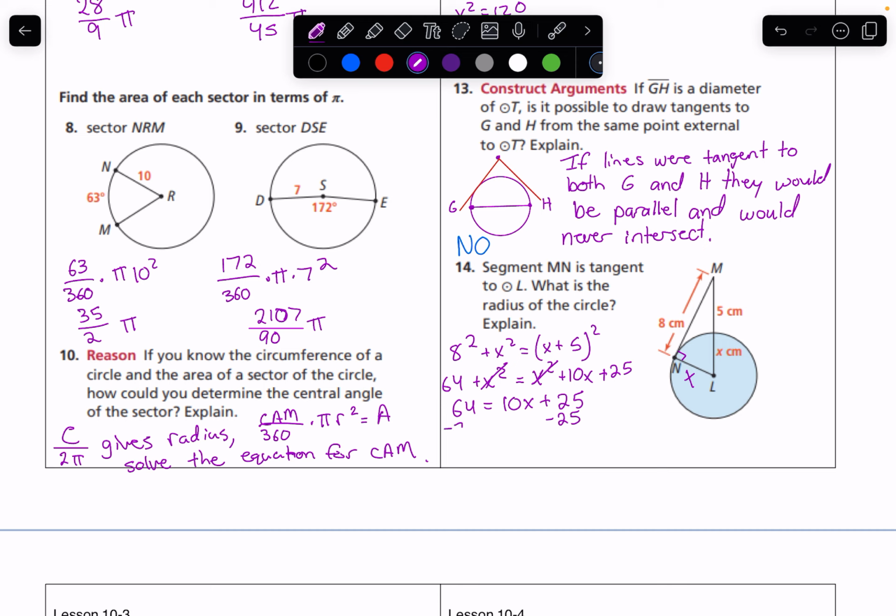Can you believe I need a calculator to do that? That is 39 equals 10x. And then we will divide both sides by 10 and get 3.9 equals x, or 3.9 equals the radius.